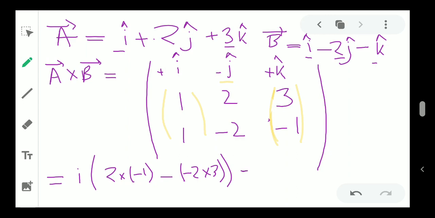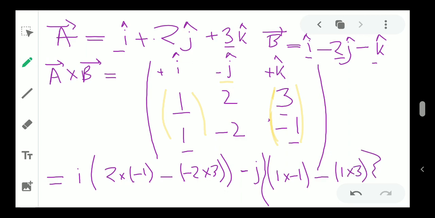So minus J, now in bracket: with 1 I have to multiply minus 1, so 1 into minus 1, then minus again 1 into 3. My place is not fitting here, so whatever. So that is J, done.